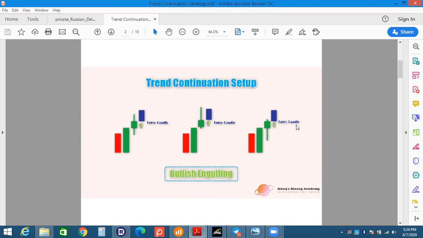Some good results I found, some bad results also, but now I will tell you how we can take the setups and when we can take the setups.